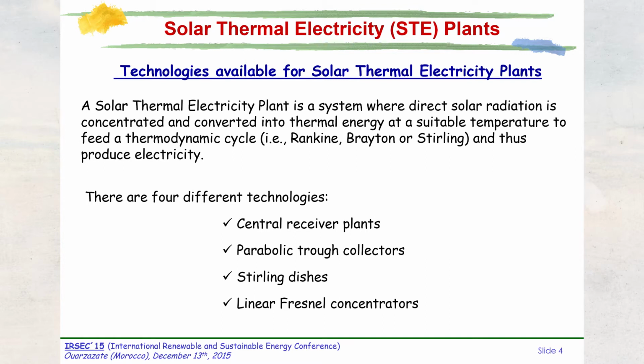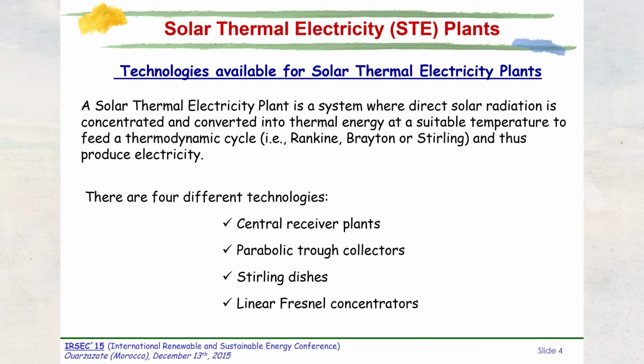So you all know that a solar thermal electricity plant is a system where solar energy is concentrated, converted into thermal energy, and then this thermal energy is used in a thermodynamic cycle to produce electricity.